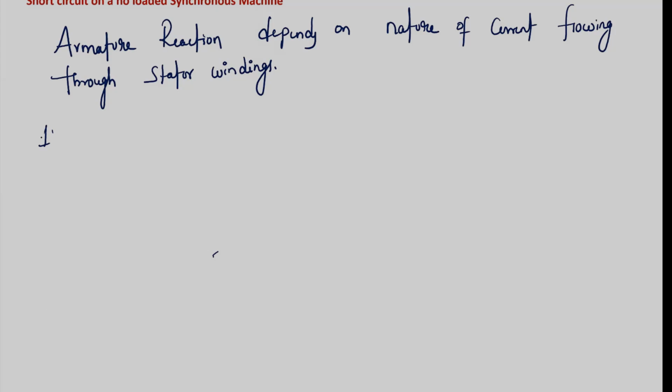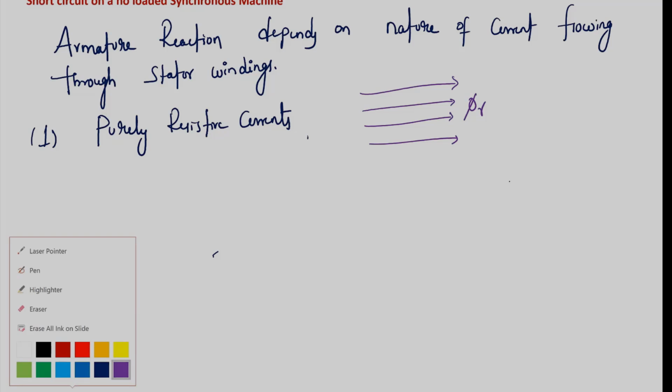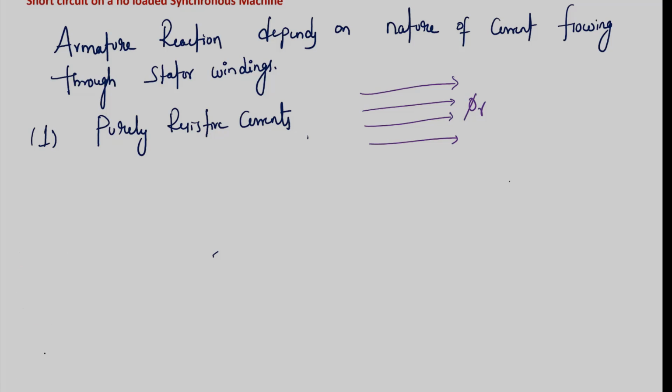Case 1: for a purely resistive current. Now, what happens when a purely resistive current flows? Suppose this is the direction of the main field flux. Then the rotor flux will be perpendicular to this one.